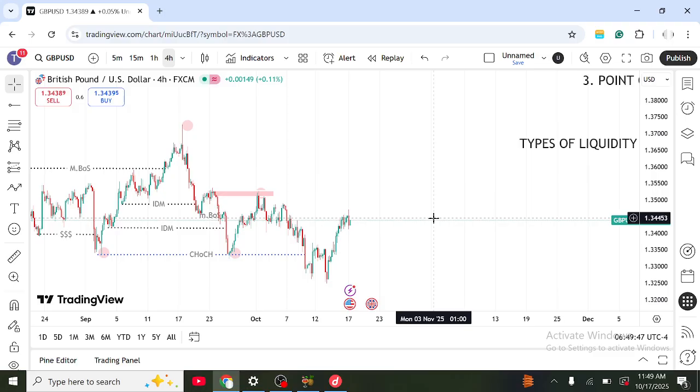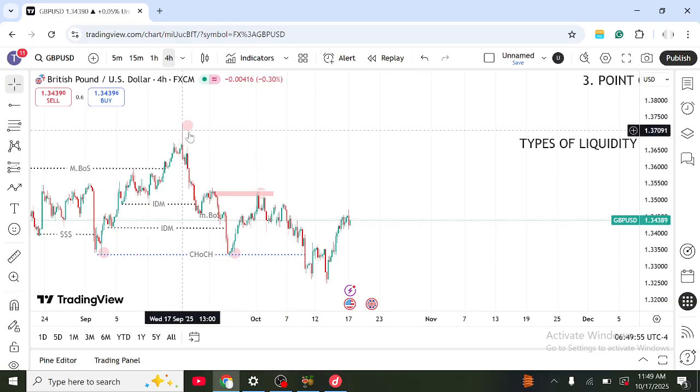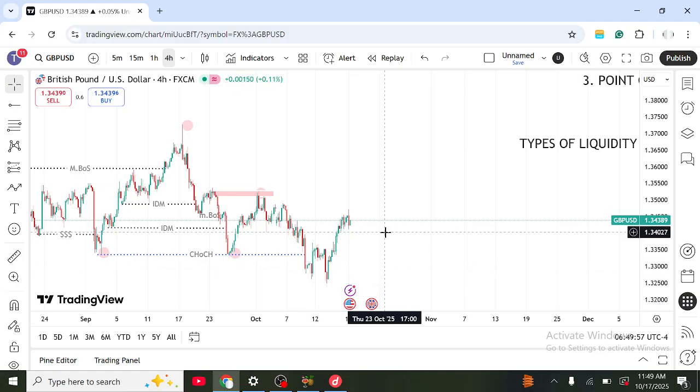Okay, that is true, but that is not a complete truth, because liquidity does not only rest on the highs and lows of the market. Liquidity is everywhere in the market, because what drives the market, what causes the market to move, is liquidity. Therefore, if there is no liquidity in the market, the market will not be able to create a new high and a new low.